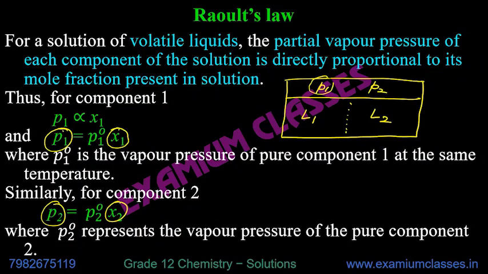This pressure will be proportional to the mole fraction of gas 1 in the solution, and this pressure will be proportional to the mole fraction of gas 2 in the solution. Otherwise, it is similar. That's why Raoult's law and Henry's law. Henry's law is also called a special case of Raoult's law. We will be talking about it.